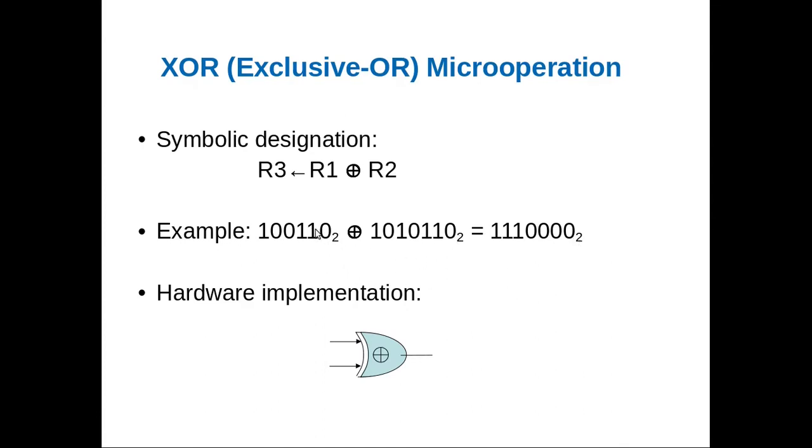If the two bits are different, then 1 will be output. Based on the bits, if both are zeros, then we will get a 0. If both are ones, then we will get a 0. If they are different, then we will get 1 here. Hardware implementation is by using an XOR gate.